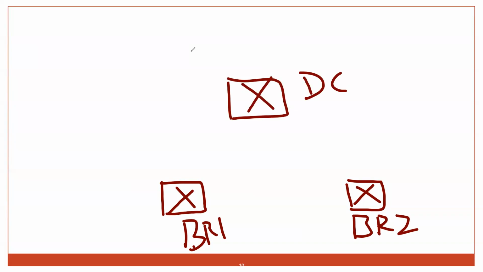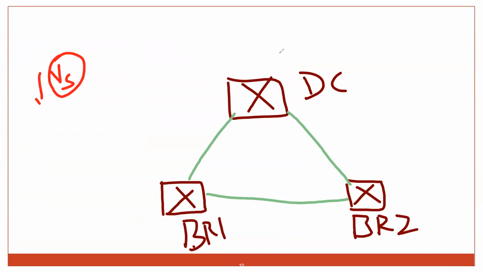Now, for branch 1, we know the default in the fabric is this. The moment you bring up the fabric, they will form the IPsec tunnel in between. So they have this IPsec tunnel. Why? Because these devices are sending their T-lock information to vSmart, and then vSmart is exchanging the T-lock information to everyone.